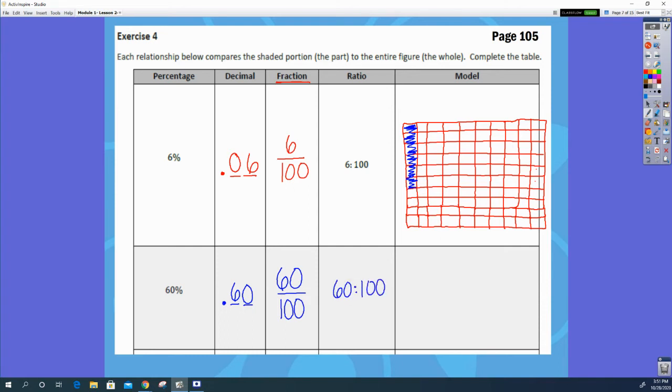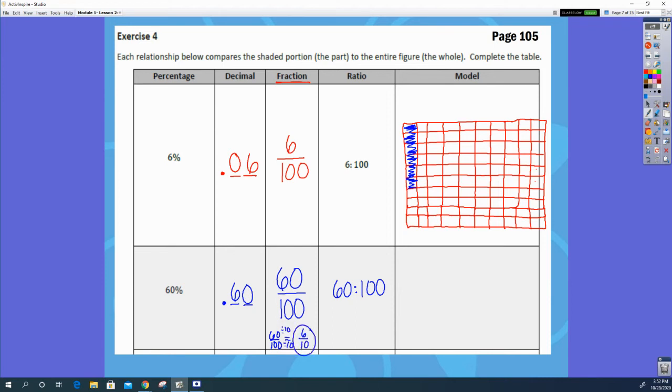Now, do you remember, let me find it. In exercise 2, we had written a variety of equivalent fractions that still represented my percentage. So what I can do on this one is, I don't have to draw the 100 grid because I know that 60 over 100 can be simplified. They both end with 0, so I can take 10 out of both. And that gives me 6 over 10.